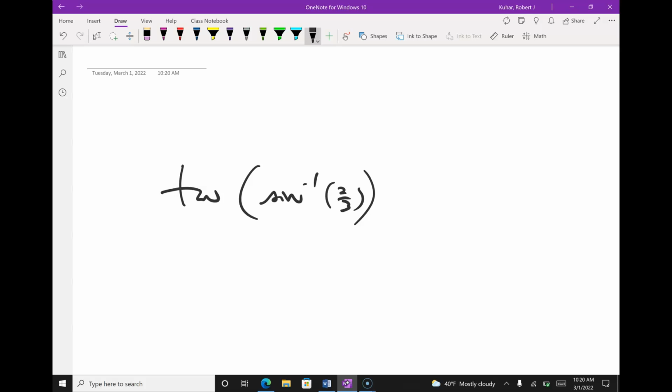So what do you see? You see a trig, but before that, you're looking for inverse trigs. So I see an inverse trig, so I know inverse sine of 2/3 is some theta. So my problem is really tan of theta, isn't it?